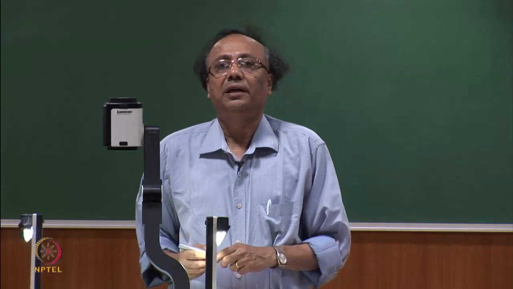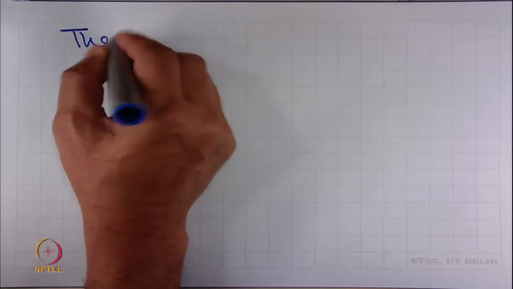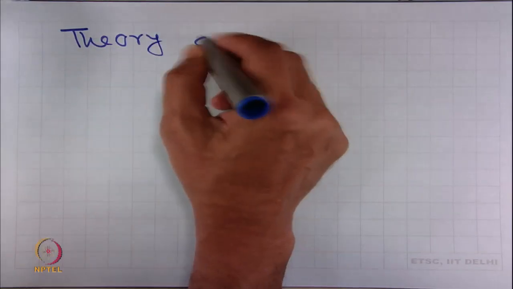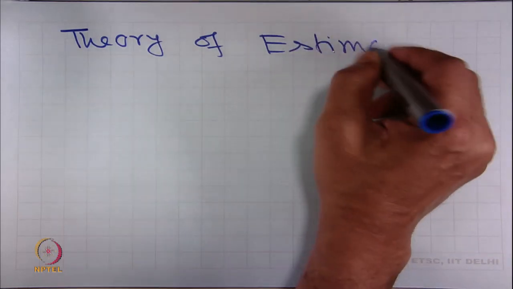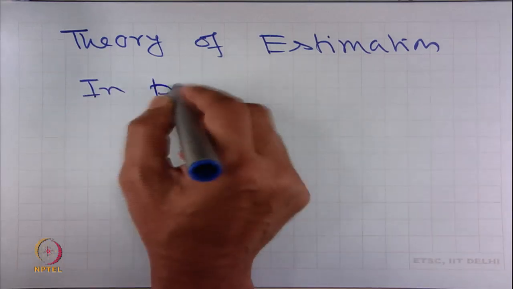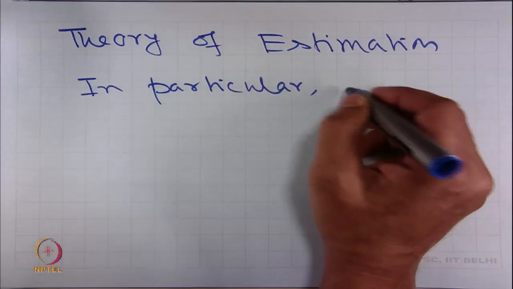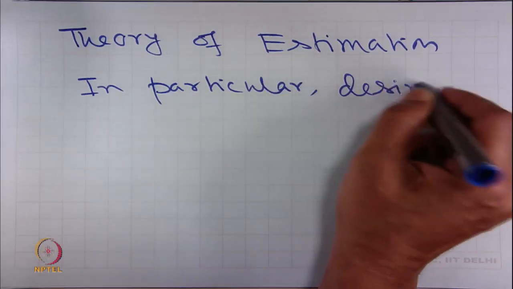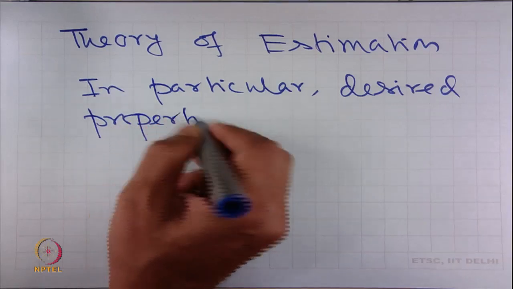You know that we are currently discussing the theory of estimation. In particular, we are looking at properties, or desired properties, of an estimator.